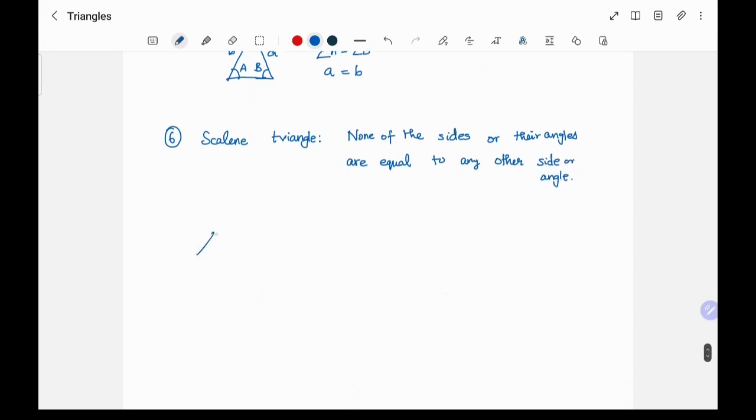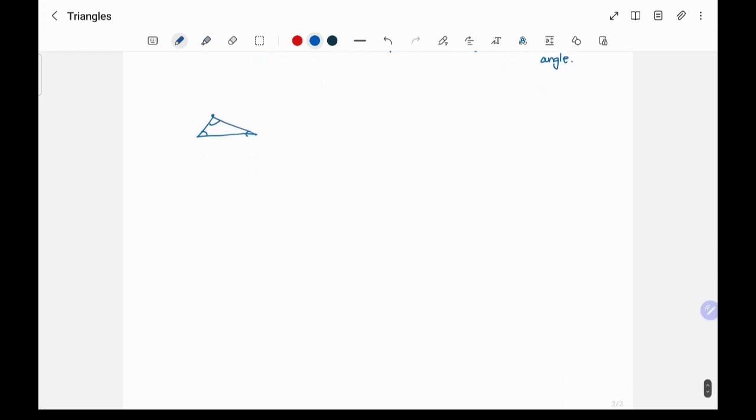So here all sides are different, of different lengths. All angles are also different. So it is called a scalene triangle. So next we'll see some general properties of triangles.